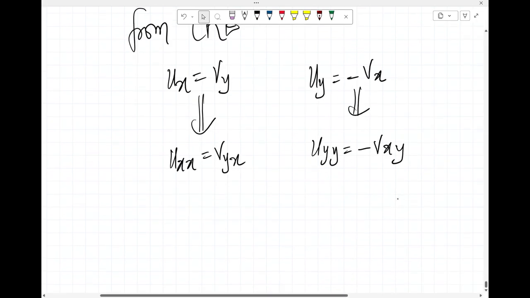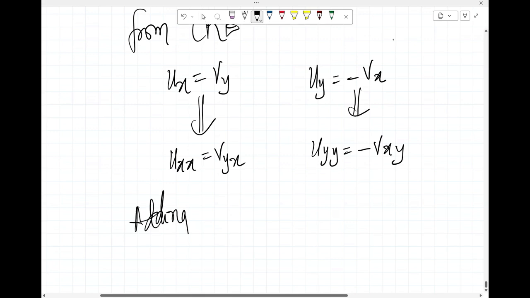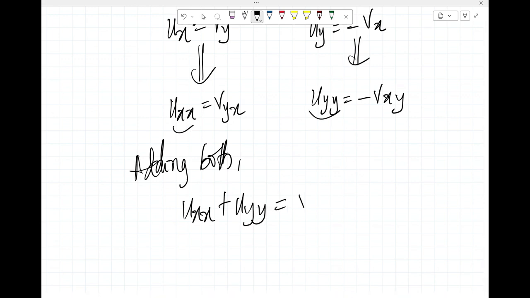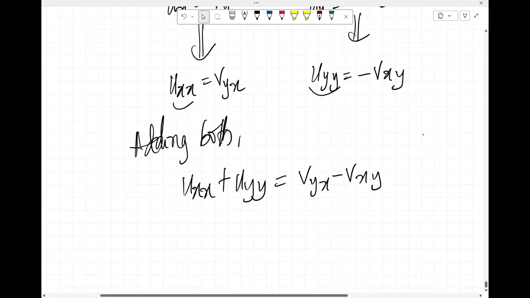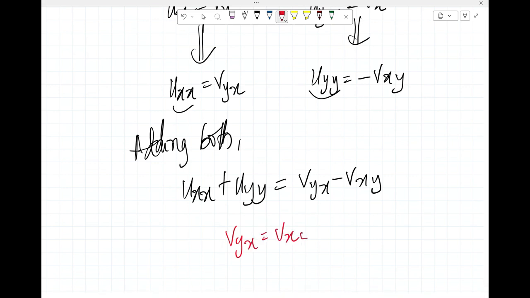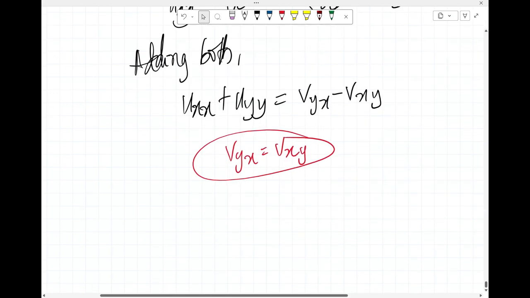Okay. So if we add both, what do we get? We get uxx plus uyy, and this is equal to vyx minus vxy. Generally speaking, you should know that vyx is always equal to vxy. However you start, you can check with any function at all.